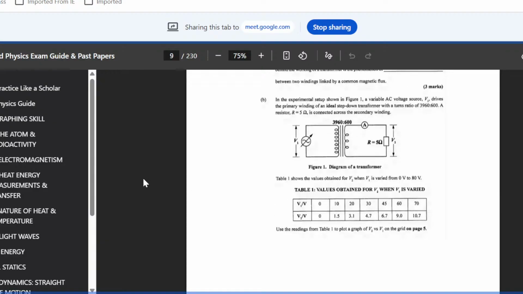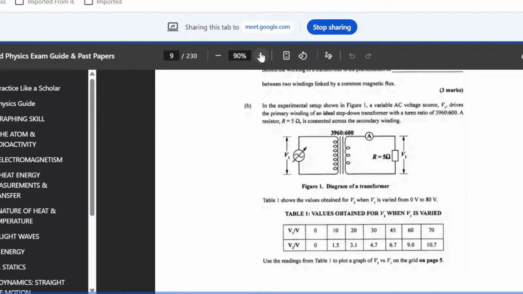All right, so look at this diagram. Without reading anything, we can just look at the diagram for the transformer and tell what type of transformer it is.